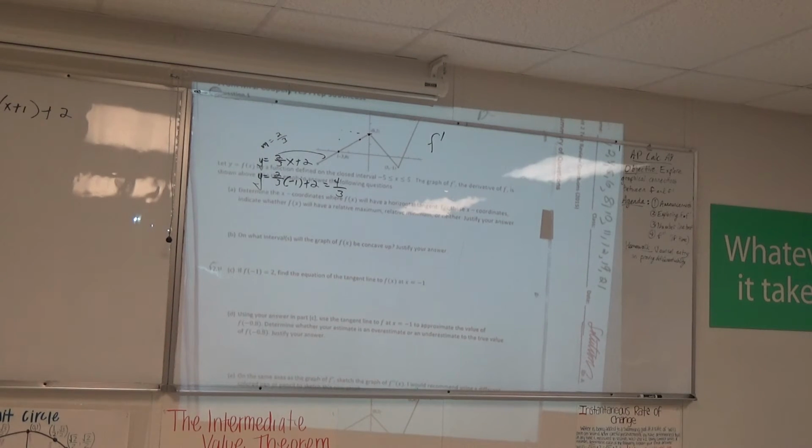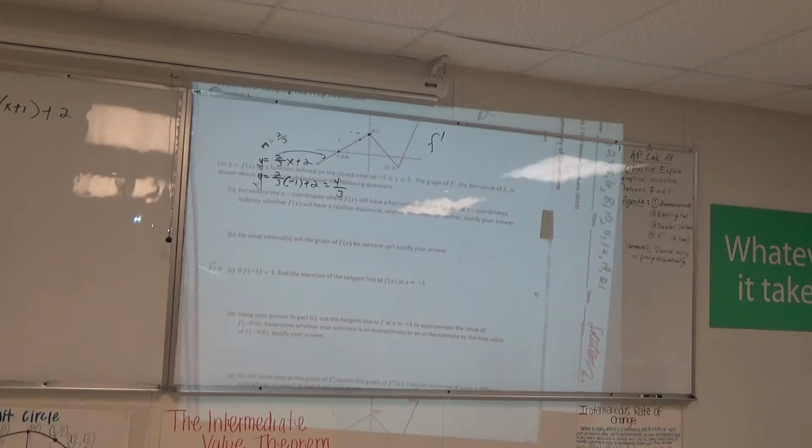Now here's the thing that I really care about. Part D. Using your answer in part C, use the tangent line to f of x at x equals -1 to approximate f of -0.8. This showed up a lot on the last quiz. I'm going to use the tangent line to approximate this value. You've got to be careful with what you write next.